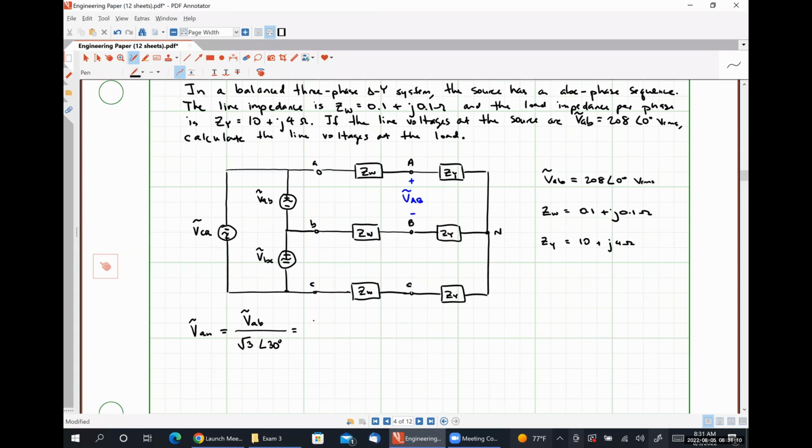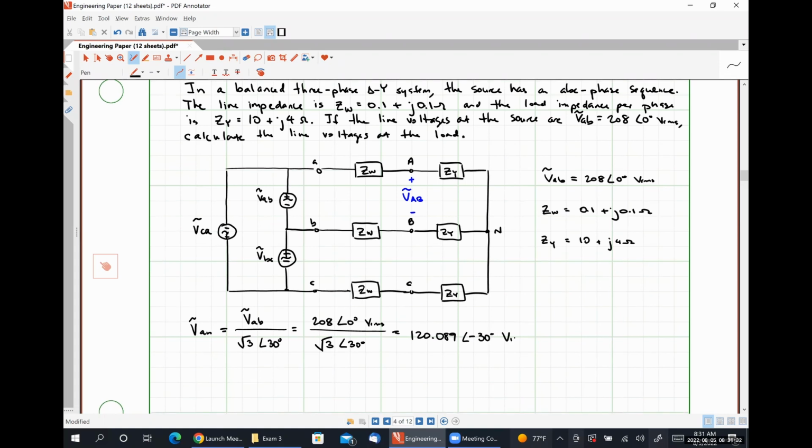This comes out as 208 angle 0 degrees volts RMS over root 3 angle 30 degrees, which looks like 120.089 angle negative 30 degrees volts RMS. That's just the math behind the transformation that we developed.